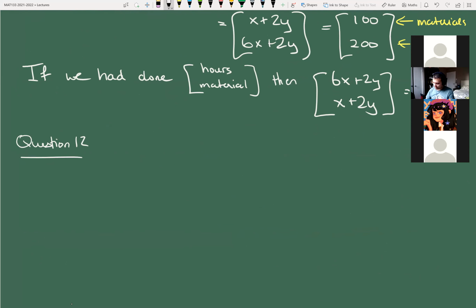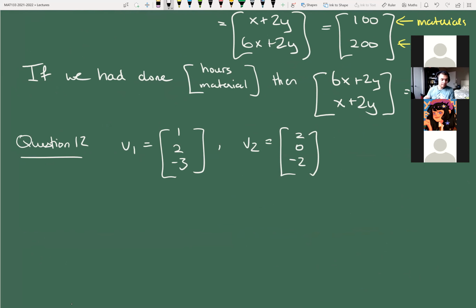But anyway, we've got these vectors: V1, which is 1, 2, -3, and V2, which is 2, 0, -2. In this case, there are few enough terms, and the vectors we chose are usually such that you can eyeball what the answer is. That's the hope, because we haven't taught you how to solve this system yet. If you understand what we're asking, you could eyeball the answer.